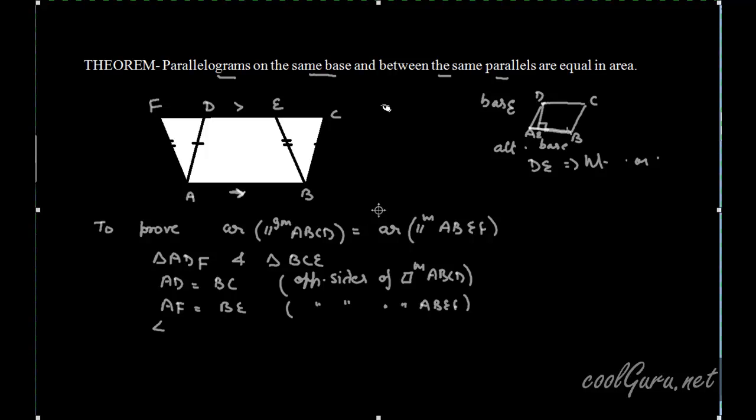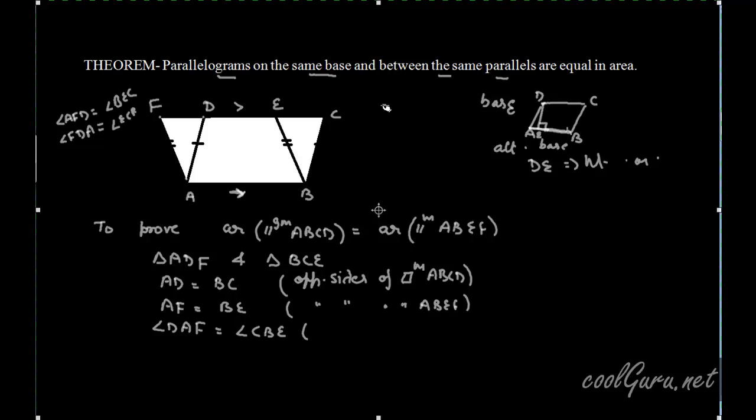And angle DAF is equal to angle CBE. Now, why is angle DAF equal to CBE? We know that angle AFD is equal to angle BEC, corresponding angles. Similarly, angle FDA is equal to angle ECB, same reason.